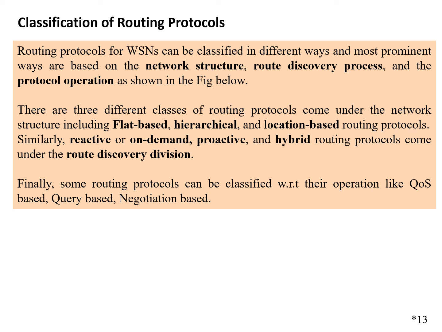Okay, so routing protocols for wireless sensor networks can be classified in different ways, and the most prominent ways are based on network structure, route discovery process, and protocol operations. So based on these three, there are different routing protocols. In network structure, we have flat-based, hierarchical, and location-based, and on route discovery, we have reactive, on-demand, proactive, and hybrid.